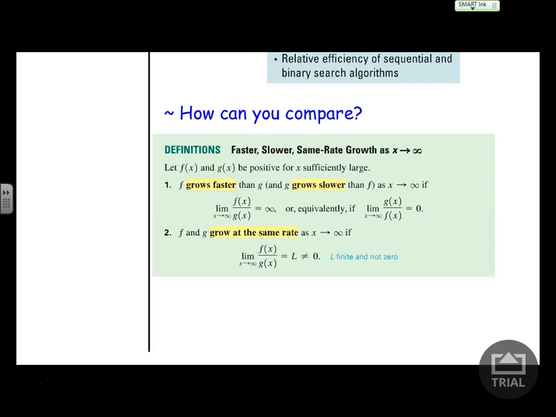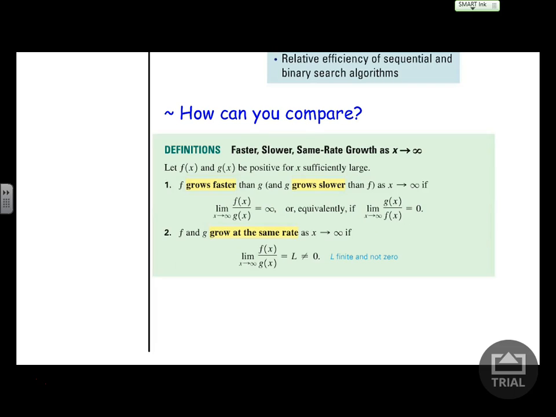If we're comparing two different functions, f and g, and trying to figure out who's faster, who's slower, who's the same rate, it's going to go with whose degree is stronger, which works with polynomials. But we still talk about the degree of functions as the magnitude of functions, the bigness of functions. When we're taking limits, you can think about the degree being bigger, smaller, or tied.